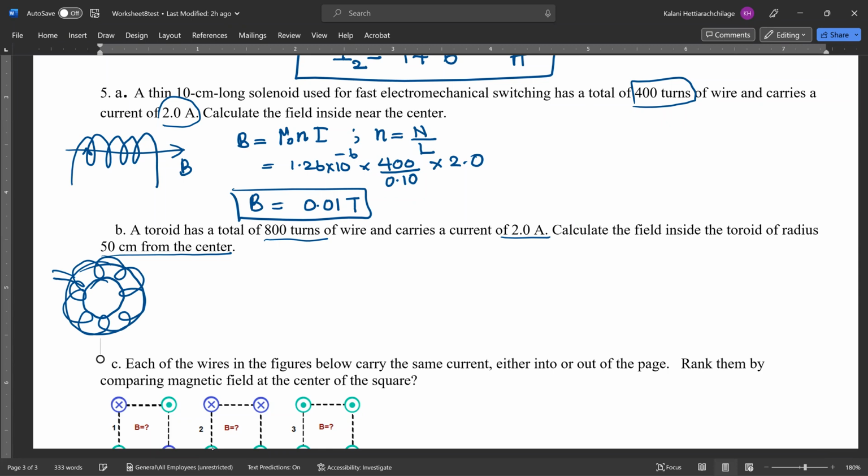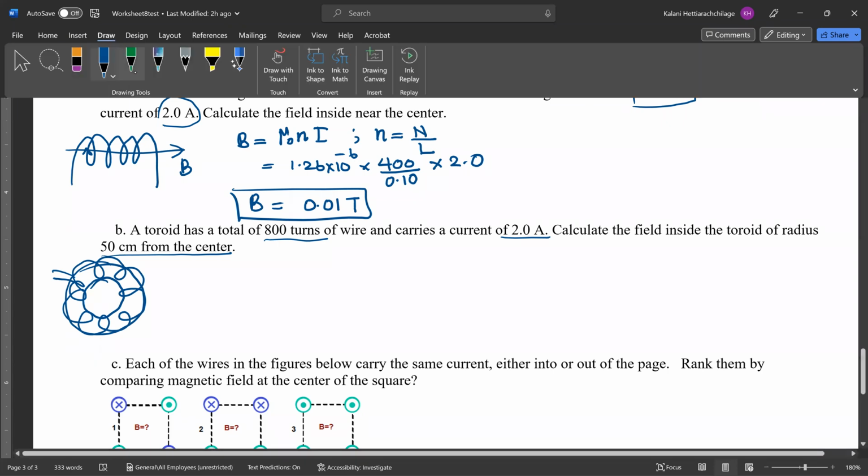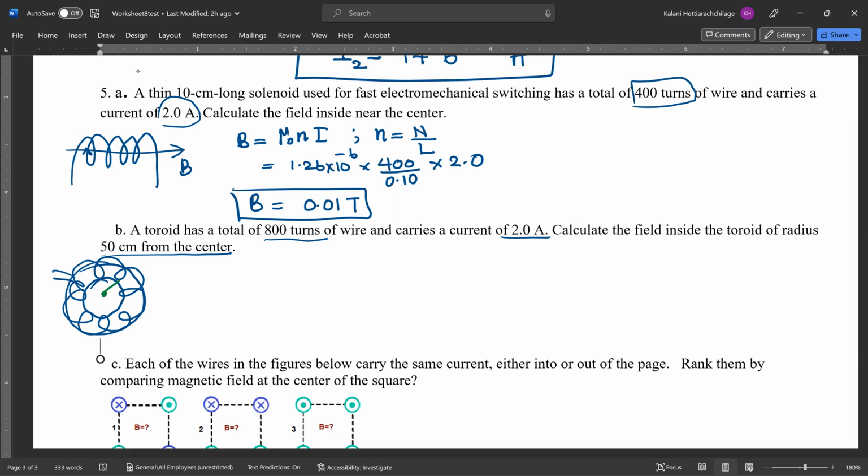According to the current passing through the wire, depending on the distance, you have a different magnetic field. So if you need to find the magnetic field at 50 centimeters, you need the distance to that. That is what the 50 centimeters means. You're going to find the magnetic field at this place.